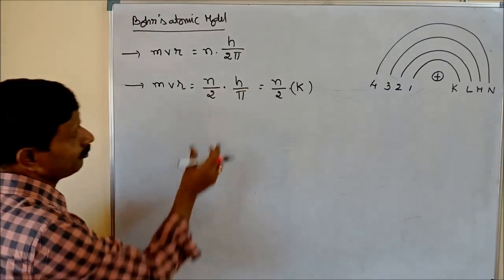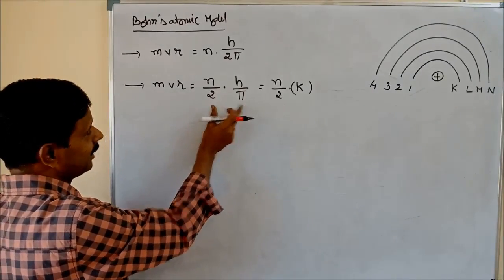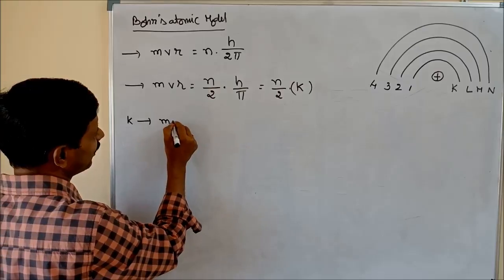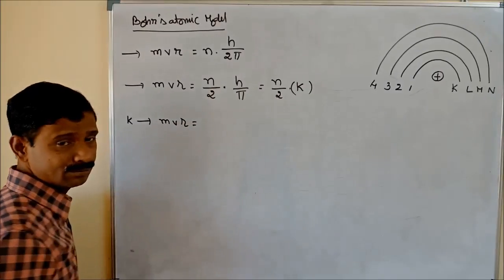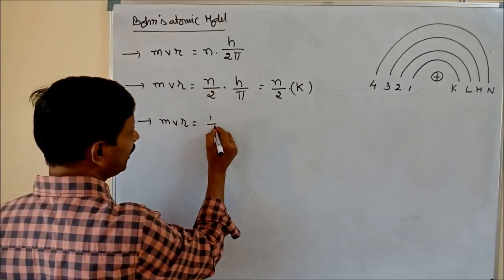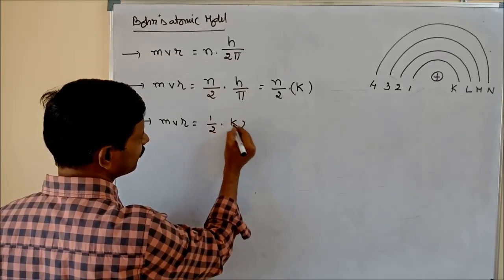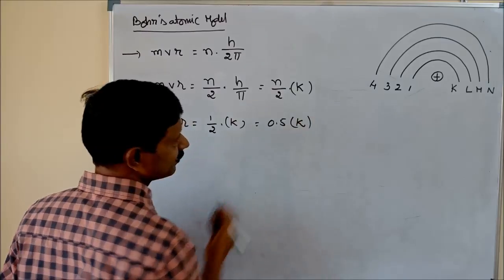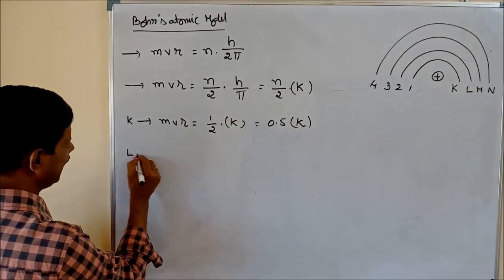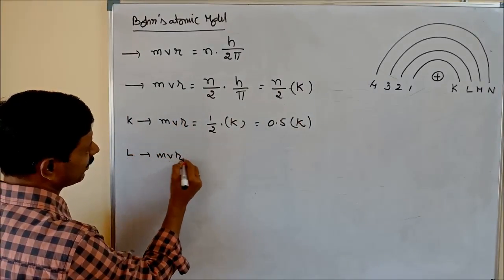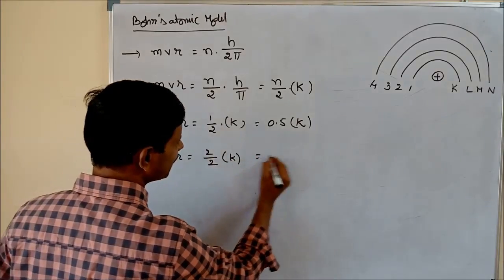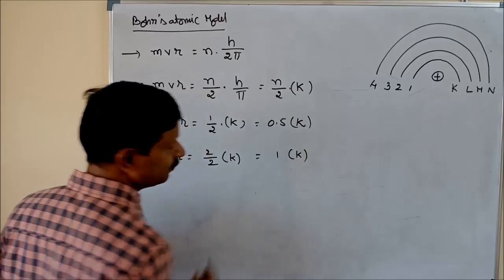And one more, based on this, if you observe K shell, mvr is equal to 1 by 2 into k, which is nothing but 0.5 k. Similarly, in L shell, mvr is equal to 2 by 2 into k, which is nothing but 1 k.